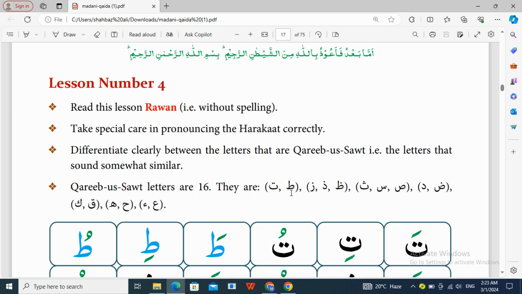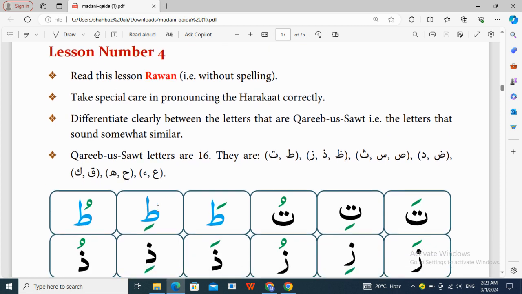They are ta, tha; so make a clear difference between these letters. Ta, tha, or za, lal, wa. Tha, sin, sqad. Dal, dod. Kaf, qaf. Ha, ha. Hamza, ain.